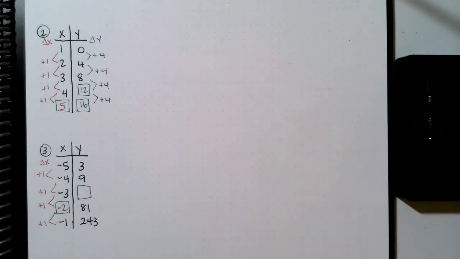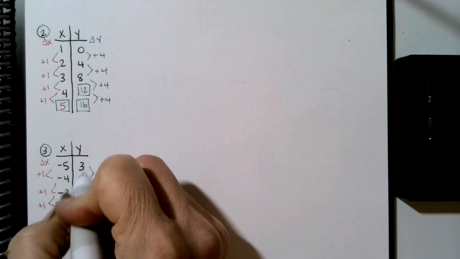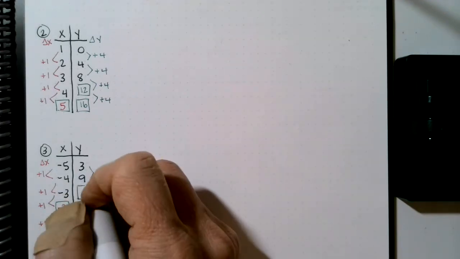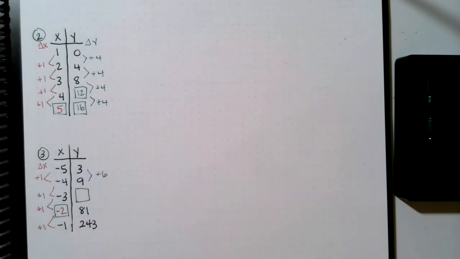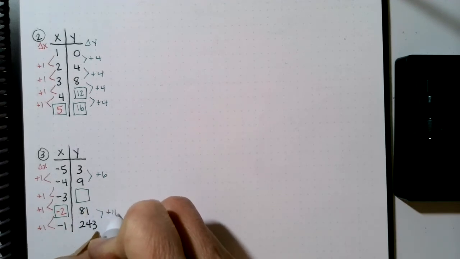Now we'll look at what our change in y is. Again, we'll start with adding and subtracting. From 3 to 9 is adding 6. And from 81 to 243 is a big jump. 243 minus 81 is 162.